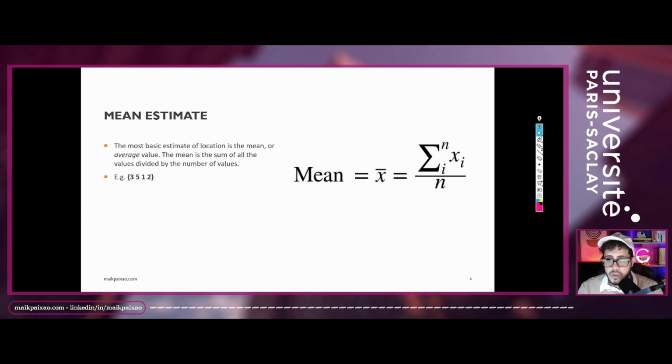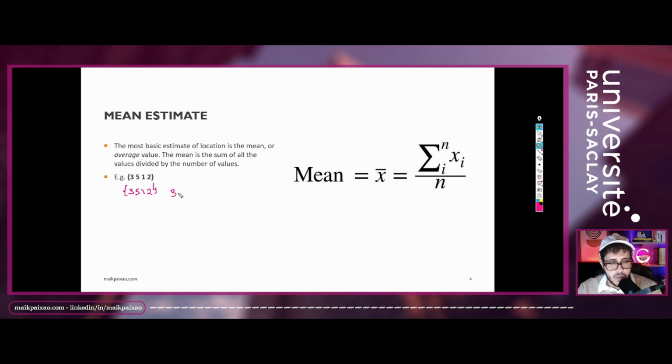For example, here we have a set containing the numbers 3, 5, 1, and 2. To extract the mean of this set, we must sum all these values.